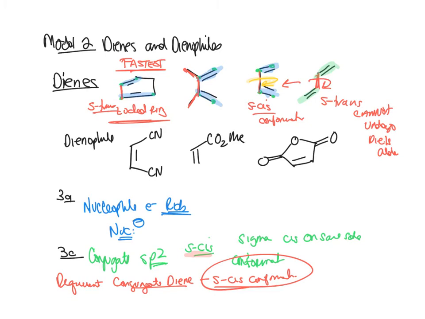Okay, question number 4. The geometry of the diene in the Diels-Alder reaction must be in the S-cis conformation. Which of the following dienes are capable of undergoing the Diels-Alder? So go ahead and circle the ones that you think.